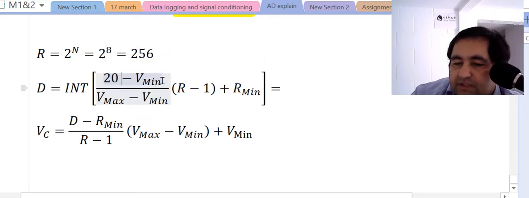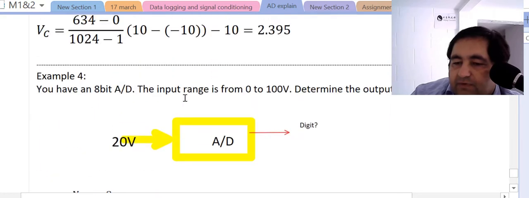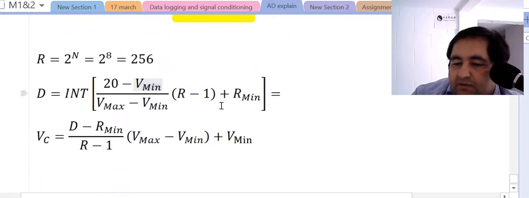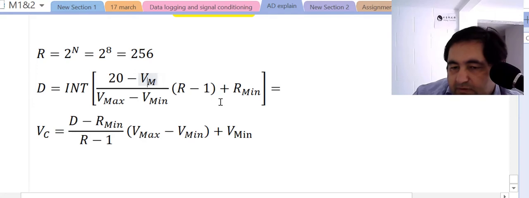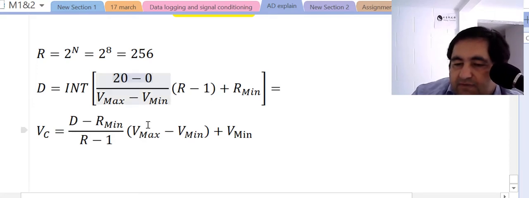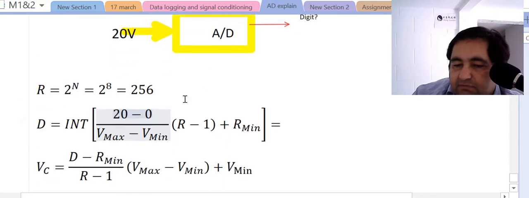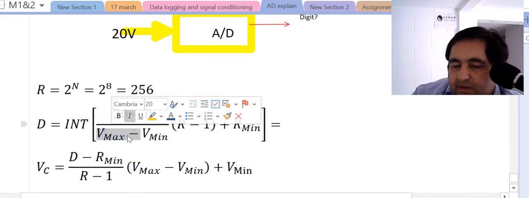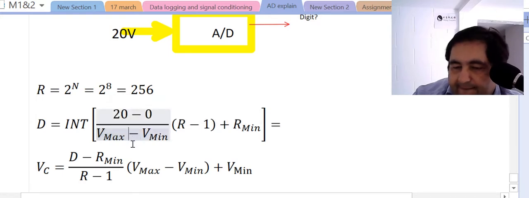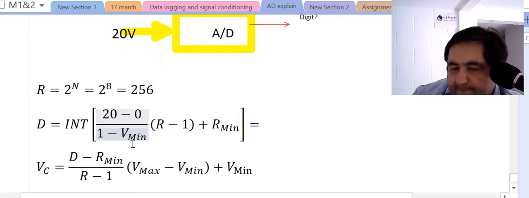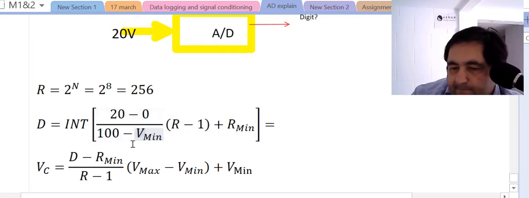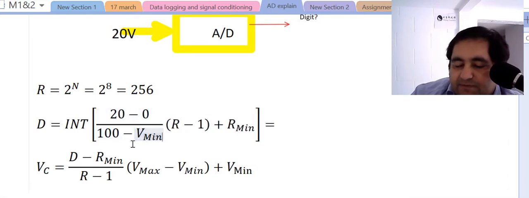How much is V minimum? The minimum voltage that we said was 0, so minus 0. How much is V maximum? 100 volt. And how much is V minimum?